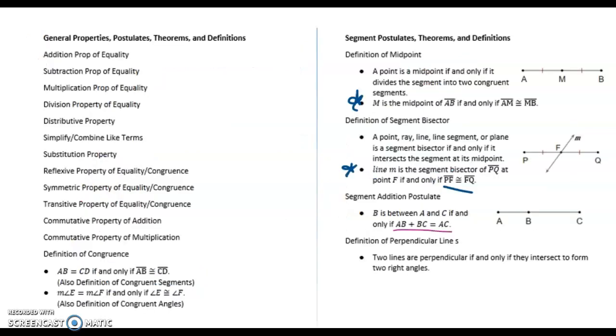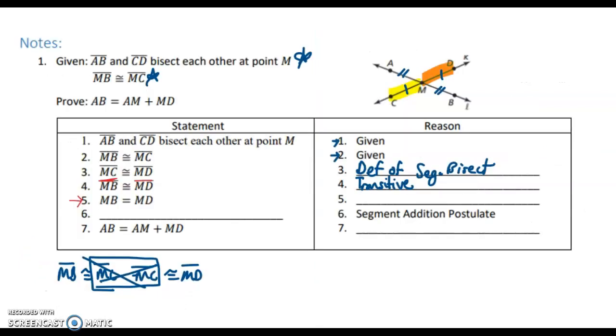Back on our general page, that's the definition of congruence. This is the one that lets you say if two segments are equal, then they are congruent, or if two segments are congruent, then they are equal. So that's definition of congruence. Let us switch back. We're going to put definition of segment congruence, or you can just put definition of congruence. That's fine.